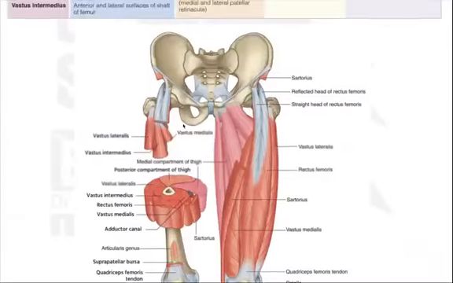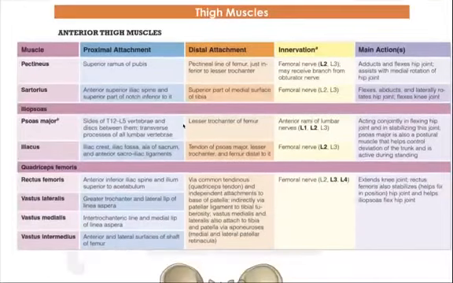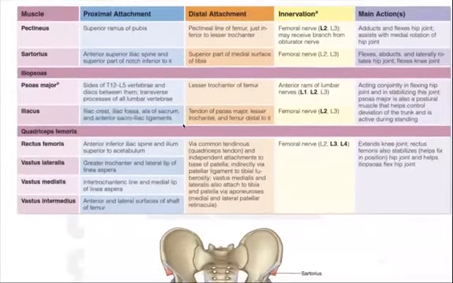About the iliacus, it will be originating from the iliac crest, also from the anterior sacroiliac joint ligaments, and it will insert also into the lesser trochanter of the femur.